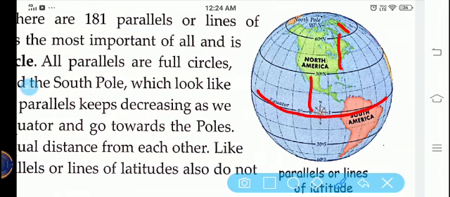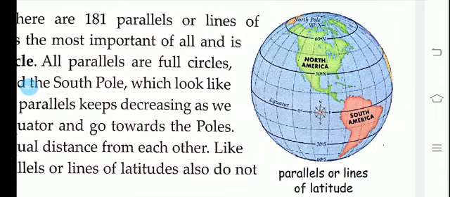So altogether in the northern hemisphere we have 90 parallels, and the same in the southern hemisphere. So 90 in the northern hemisphere and 90 in the southern hemisphere, together they become 180, and 1 is the equator, so it becomes 181 parallels altogether.